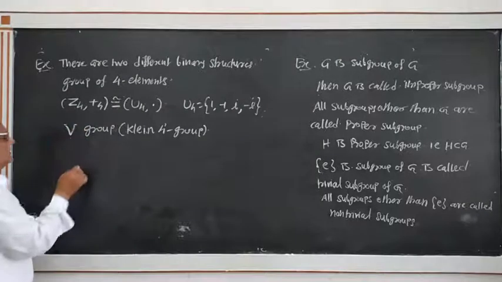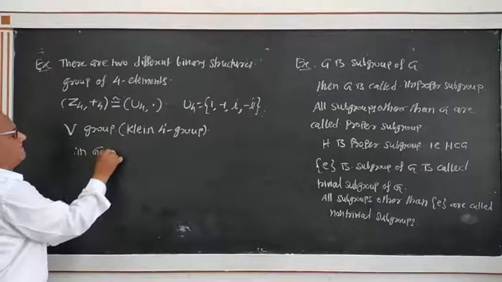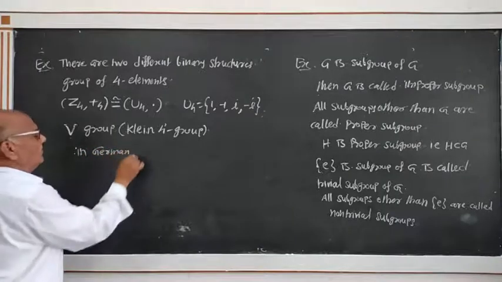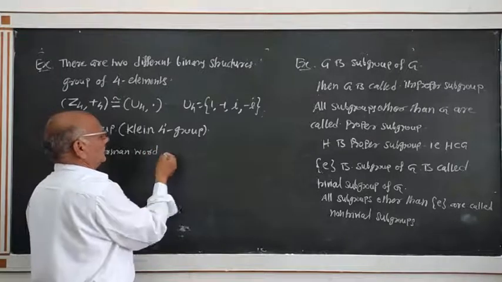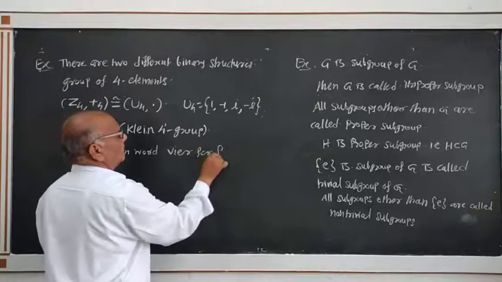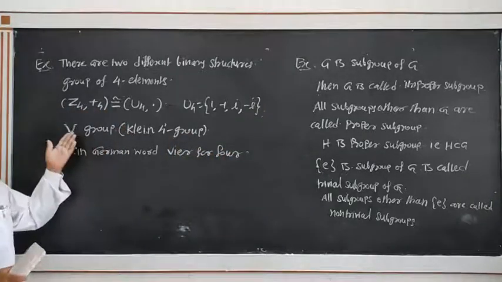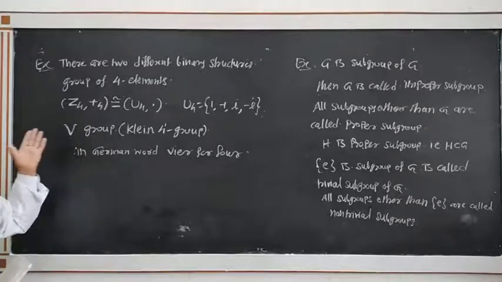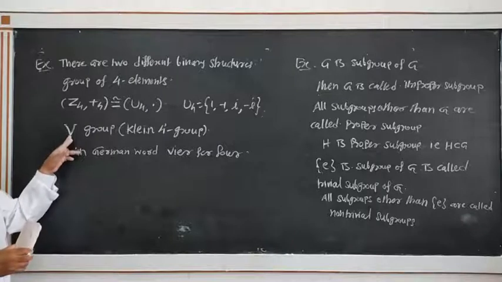V stands for Vier, which in German means four. The V group contains 4 elements.